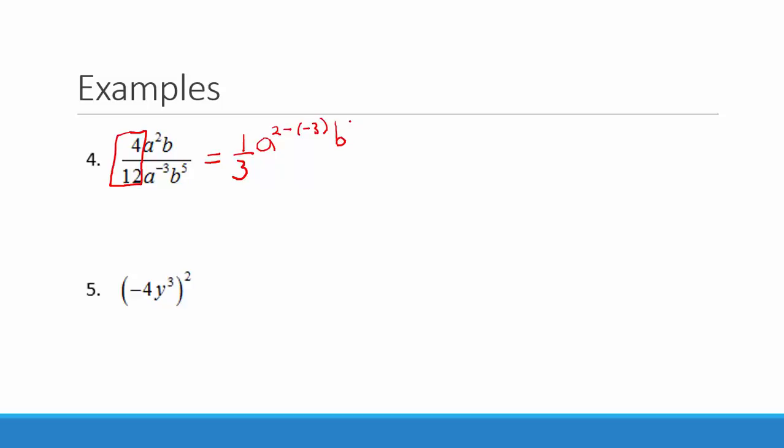And b to the 1st, notice there's a power of 1 on the b in the numerator, minus the denominator, which is 5. We simplify the exponents. 2 minus -3 is the same thing as 2 plus 3, which is 5. And 1 minus 5 on the b is equal to -4.